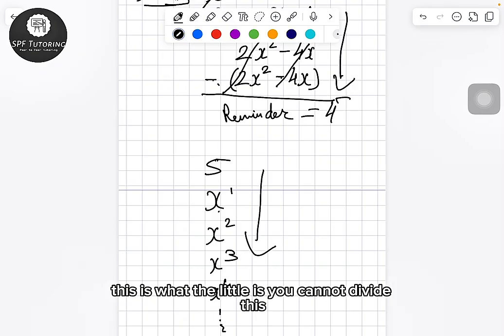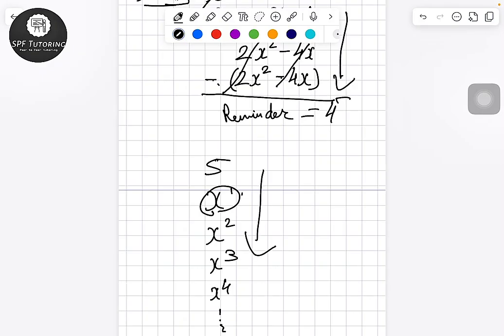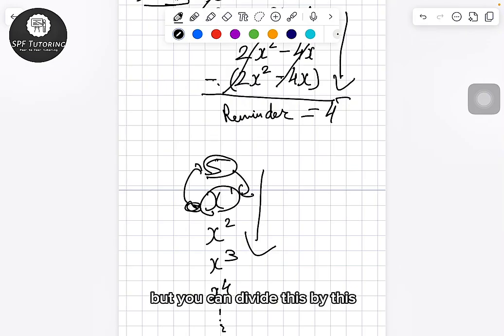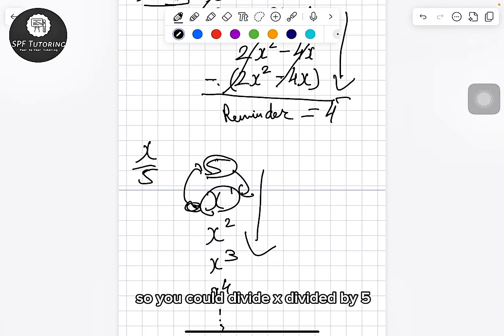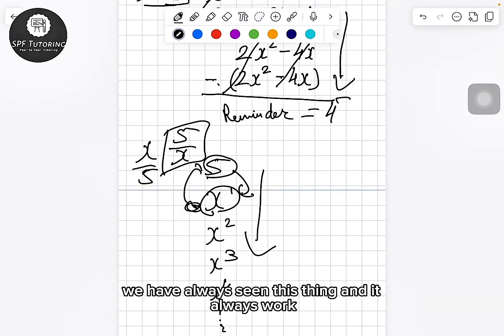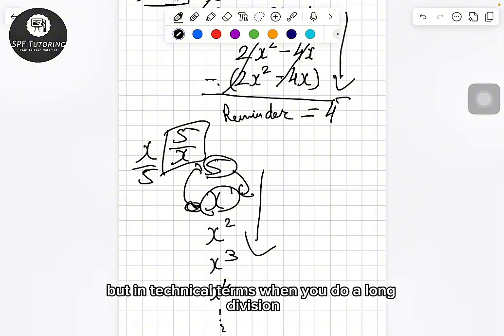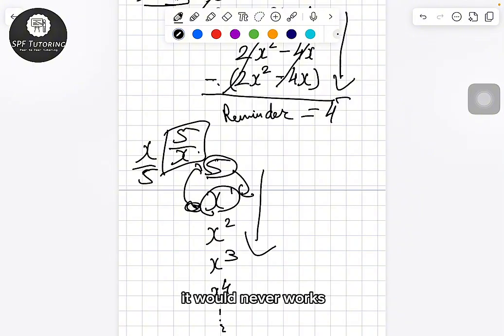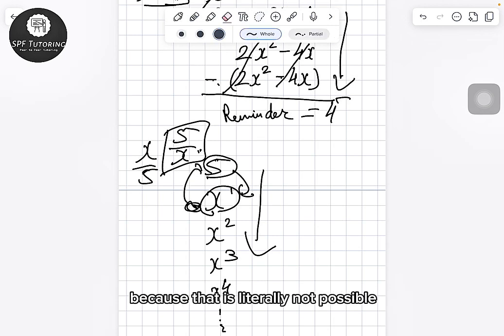You cannot divide this by this, but you can divide this by this. So you could divide x by 5, but you cannot divide 5 by x. You'll be saying, wait, we have always seen this work. But in technical terms, when you do a long division, it never works, because that is not possible.